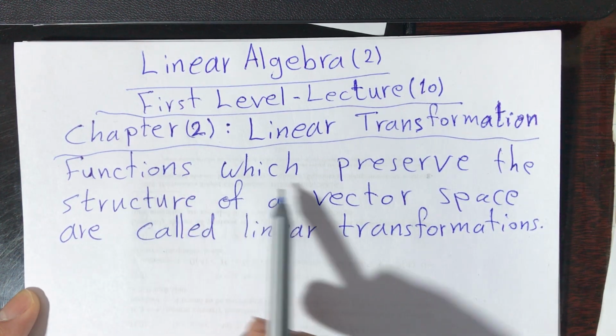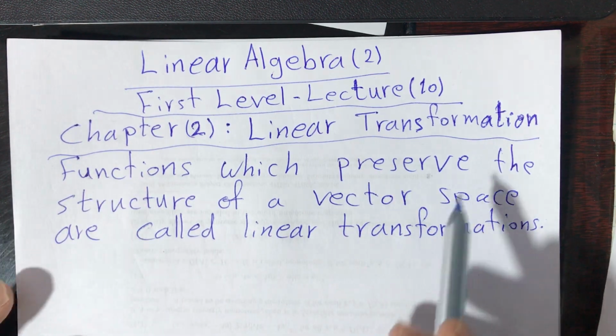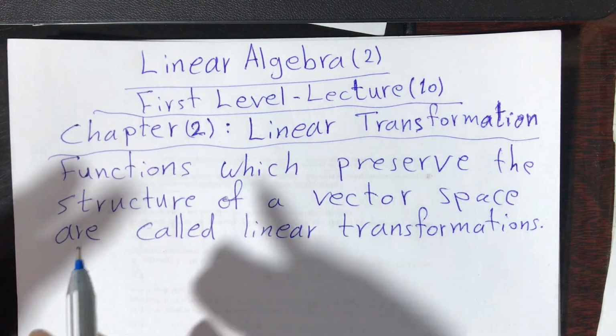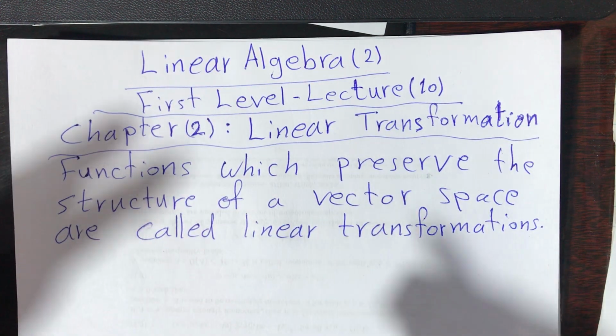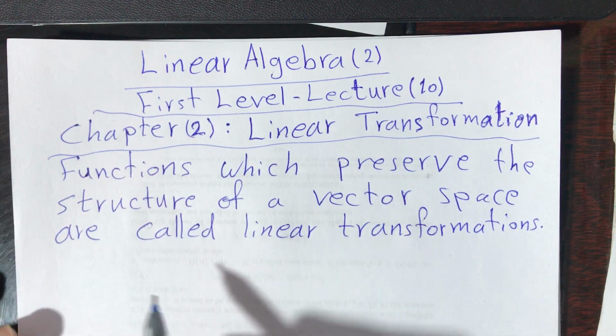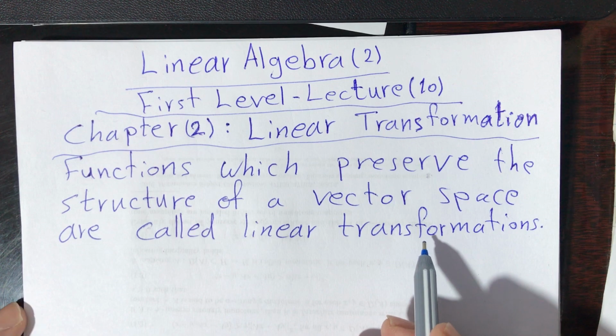That means functions which preserve, in Arabic تحافظ, the structure, تركيب, of a vector space, the same structure, are called linear transformation.